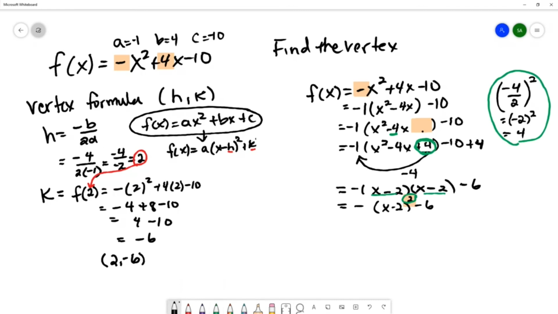So we've rewritten this equation in that vertex form, which is a times x minus h squared plus k, and now we should be able to recognize what the h and k are: 2 and -6. So this is another way to find the vertex using completing the square.